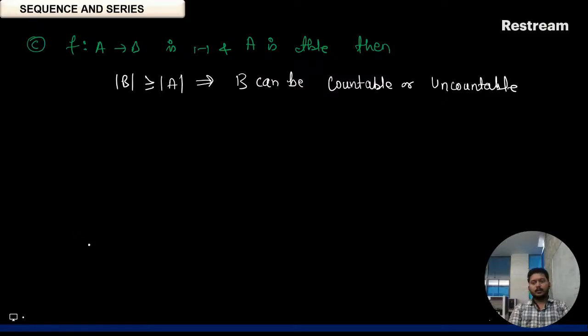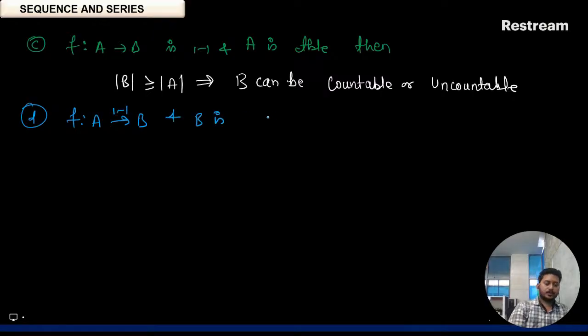Okay. Now move on to the next part, that is our E portion. Take one more map from A to B, and it is one-one and B is countable.